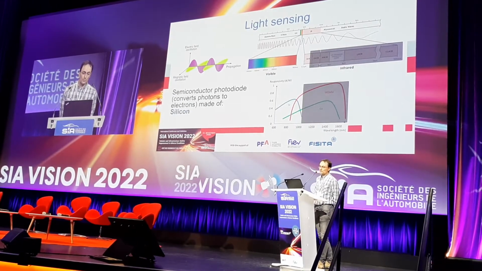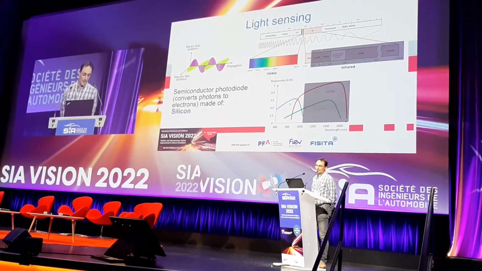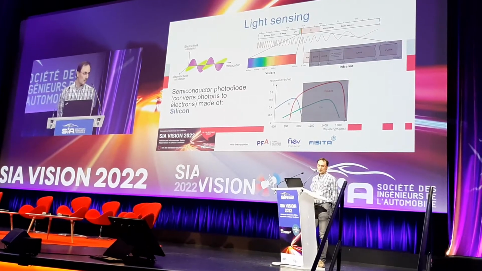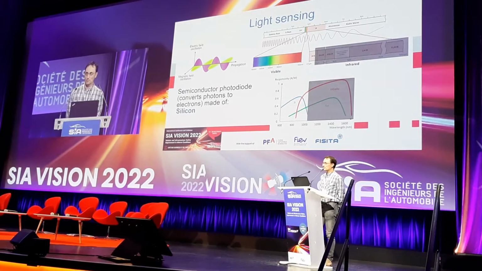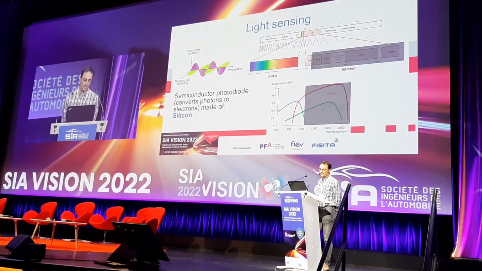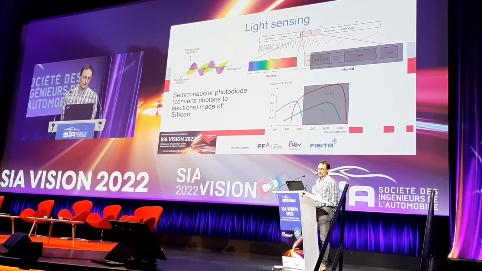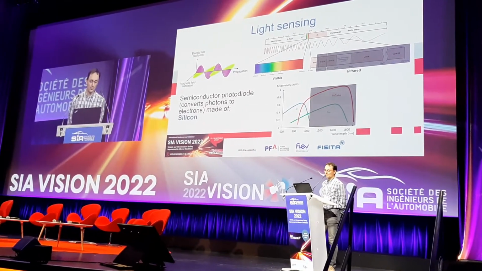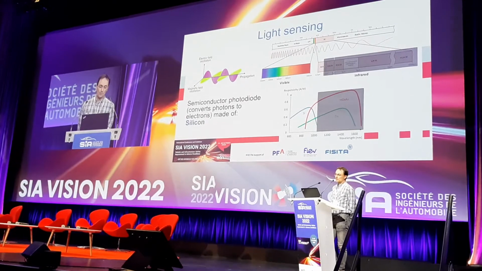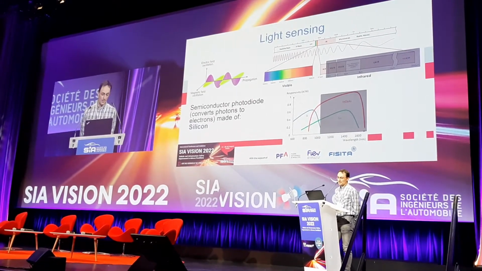So how do we capture the light? We need specific materials put into a sensor, with semiconductor photodiodes to catch the photons and convert them to electrons according to the intensity of the light. The most common one is made of silicon.